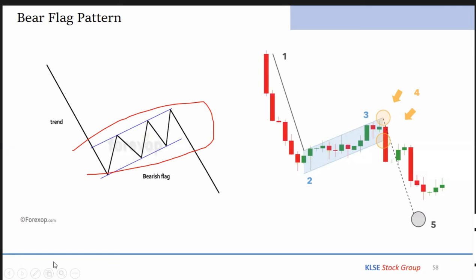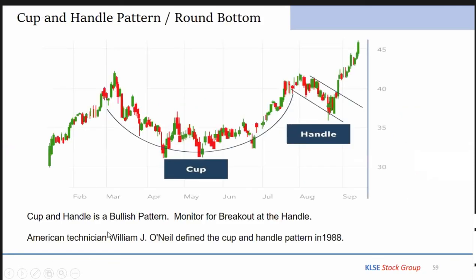This is the pattern. The next one is the cup and handle. The cup and handle was defined or discovered by William J. O'Neill, a very famous technician who invented a lot of technical indicators, and invented this cup and handle pattern.